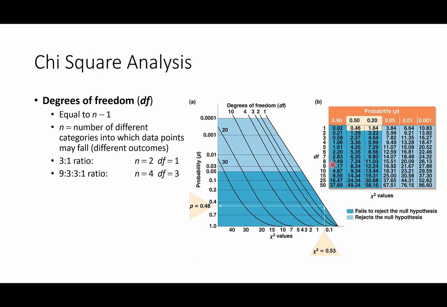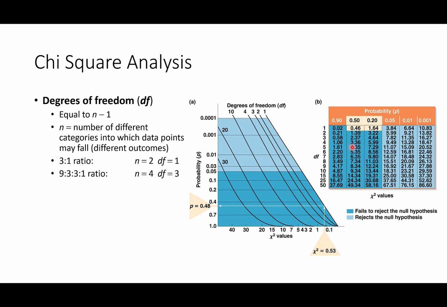Looking at a table, the probability that we usually utilize is something like 0.05. At 1 degree of freedom, we'd go across and see 3.84. That's the chi-square value that, if we are larger than it, we would reject the null hypothesis.